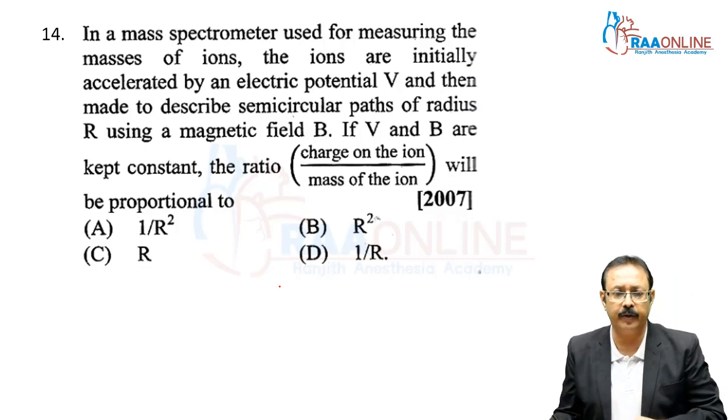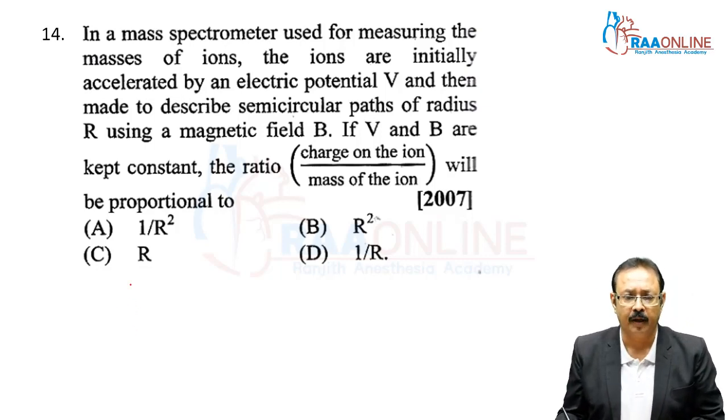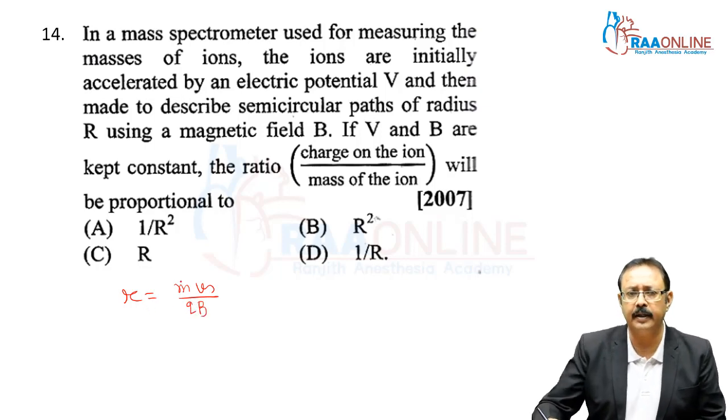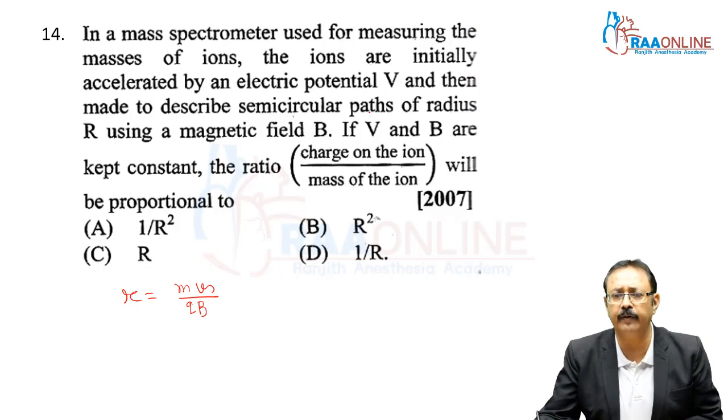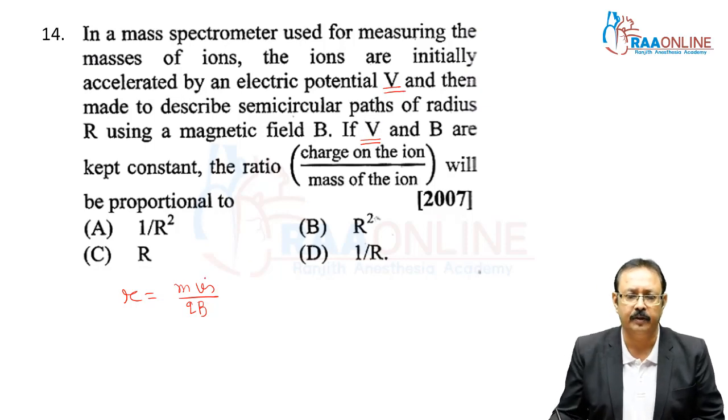So what do we know? We know that R is equal to MV by QB. They are saying we are keeping V constant. V constant means we are keeping the energy constant. So first I am converting this into energy.